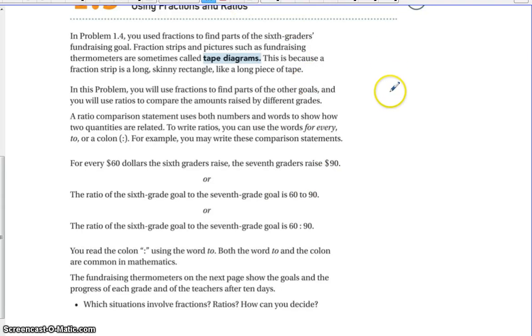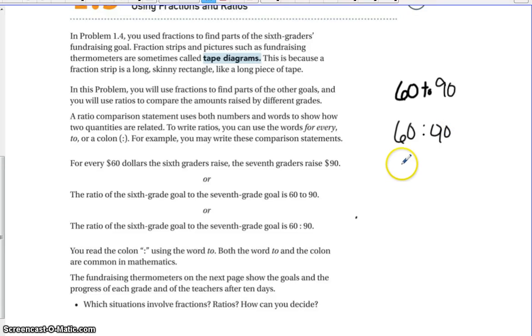Now, once we have this 60 to 90, and I'll fix my little 60 here so that it looks more like a 60 to 90. There we go. Okay, we can also call it 60 to 90.